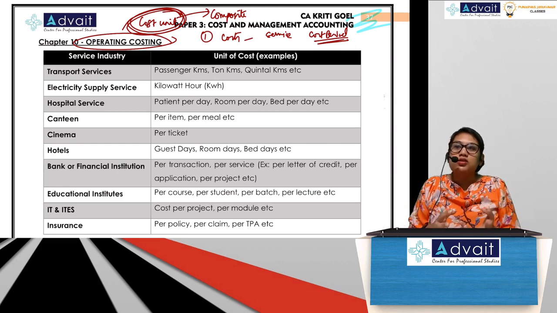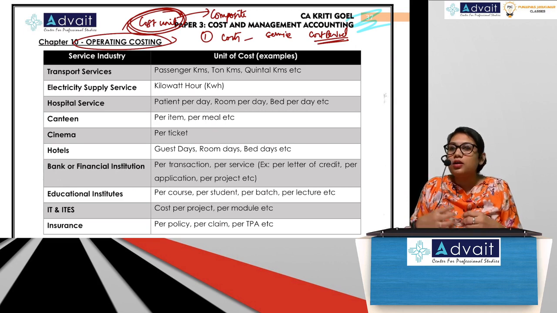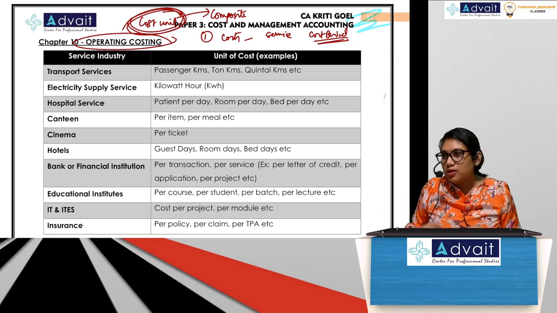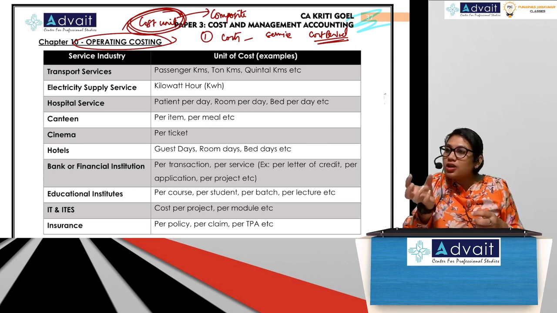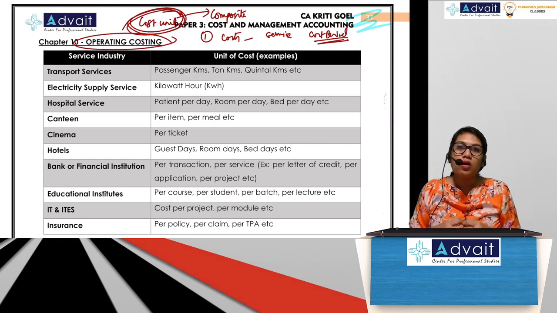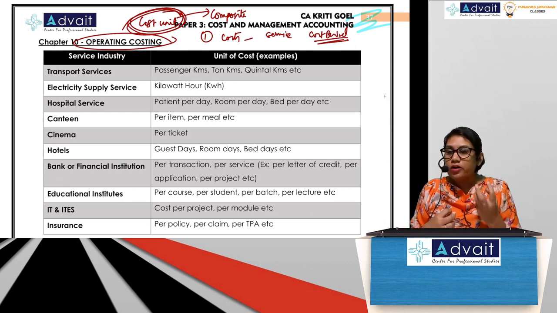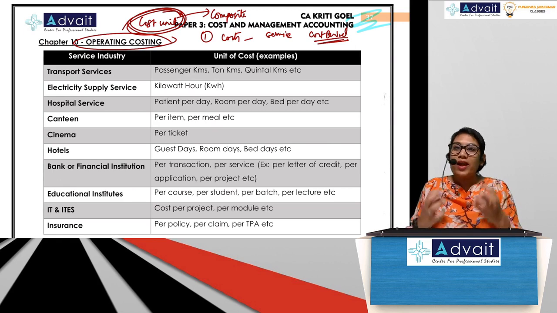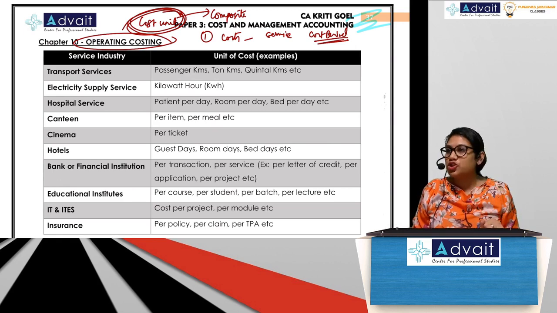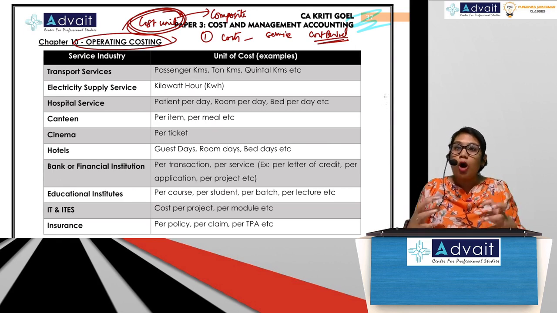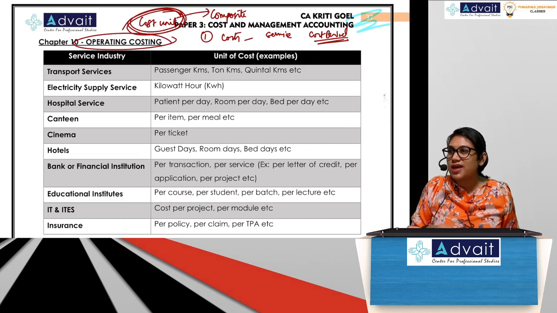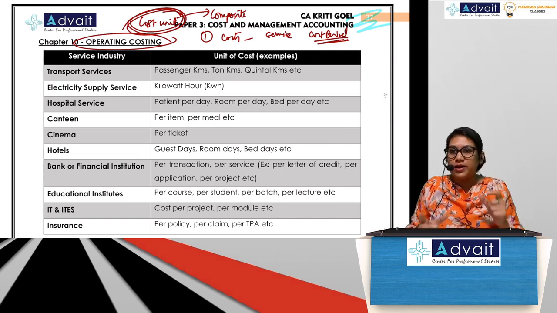Similarly, of course, if the goods are in terms of quintals, then it will be quintal kilometers or kg kilometers, depending on whatever is the unit for weight. But when we are looking at the transportation agency, we will use the composite cost unit, which is a combination of two independent units. In this case, tons and kilometers.